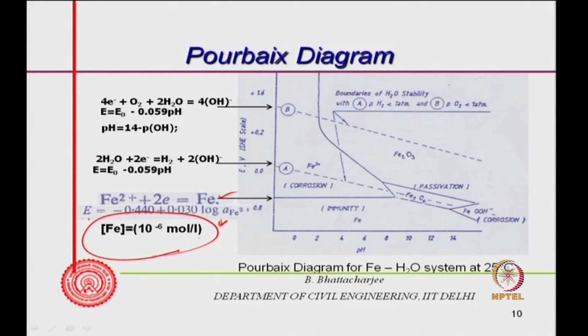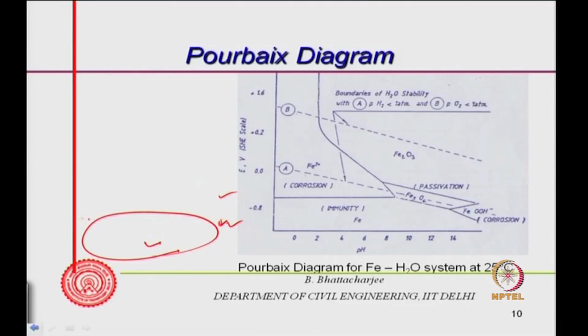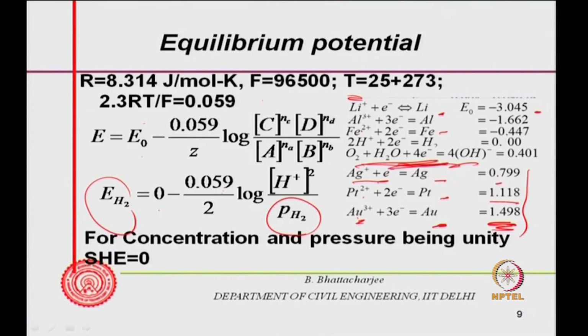So, E is constant if I put some concentration value of Fe, because this relates to concentration, 2.303 etcetera. We have already written 0.059 by 2 here, in the case of the iron reaction, because Fe dissolves into Fe plus 2 electrons.